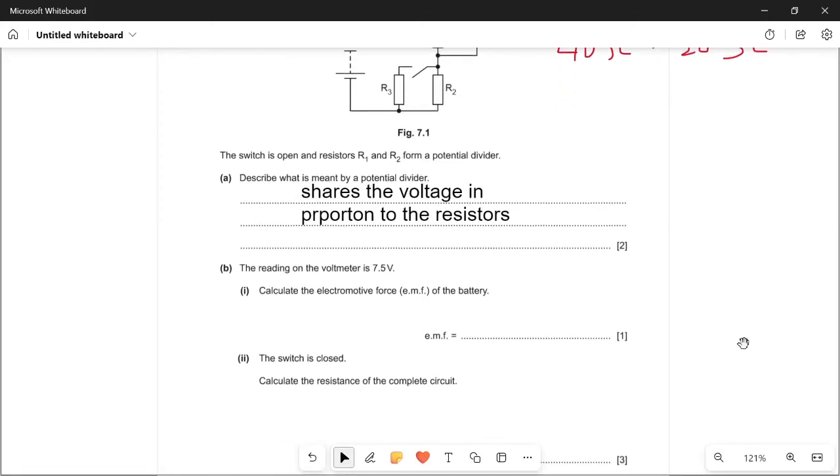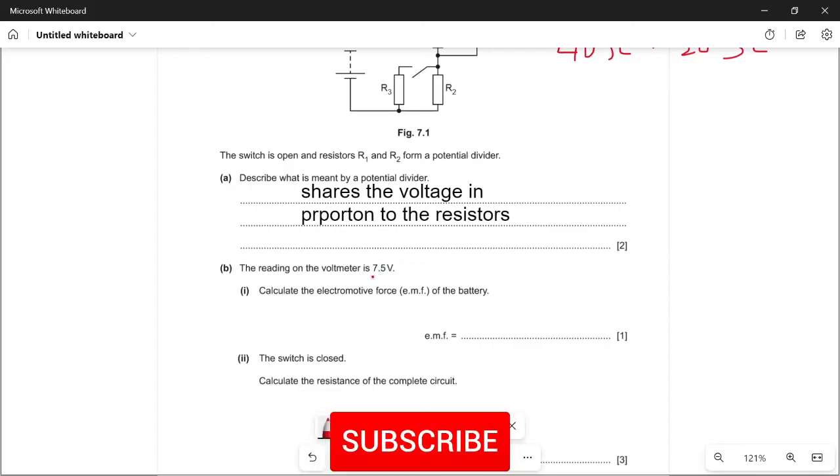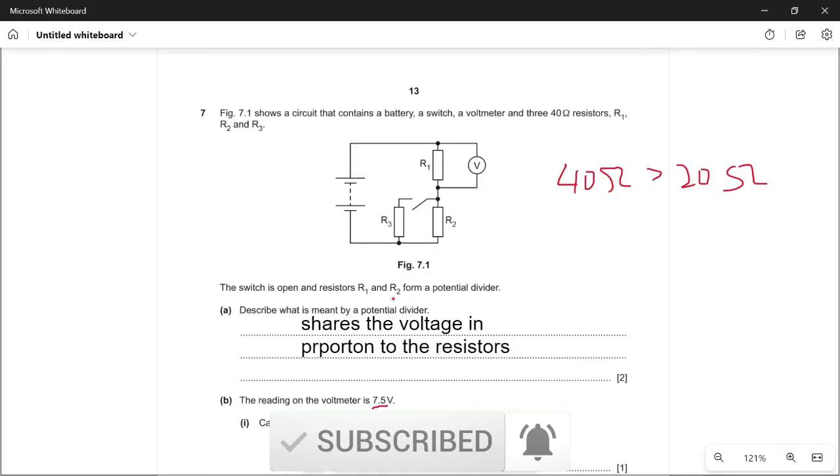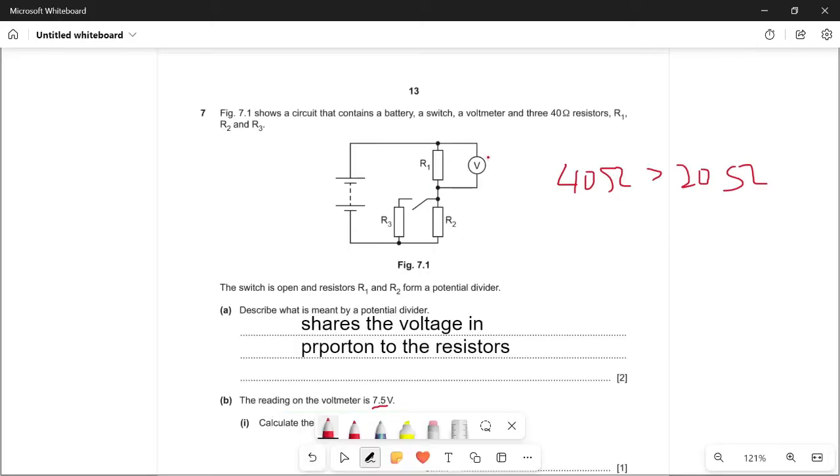B. The reading on the voltmeter is 7.5. Calculate the electromotive force of the battery. So to calculate the electromotive force, we have this voltmeter over here, and it reads 7.5, and it's across one of the resistors.